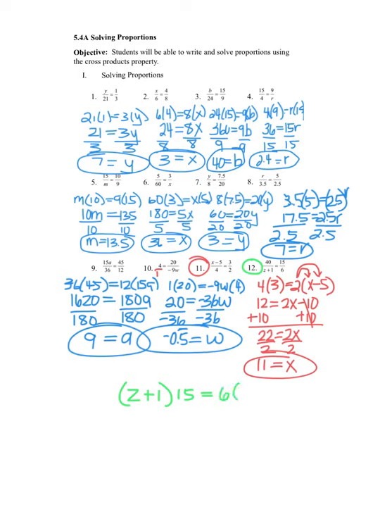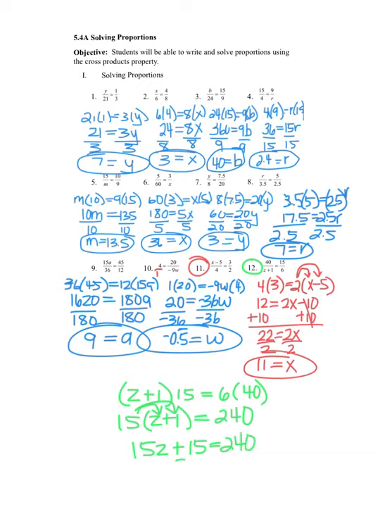Then I have 6 times 40. You can rewrite this so that you don't get confused, so that you know you're distributing the 15 to the z plus 1. Since I went from the bottom to top, it may have looked a little confusing there. Now I'm going to distribute the 15. So I get 15 times z, which is 15z, and 15 times 1, which is 15.